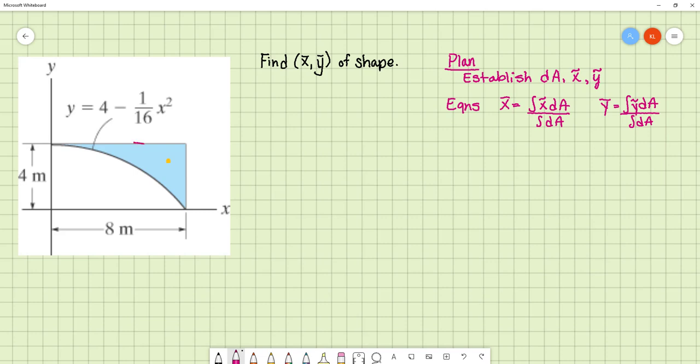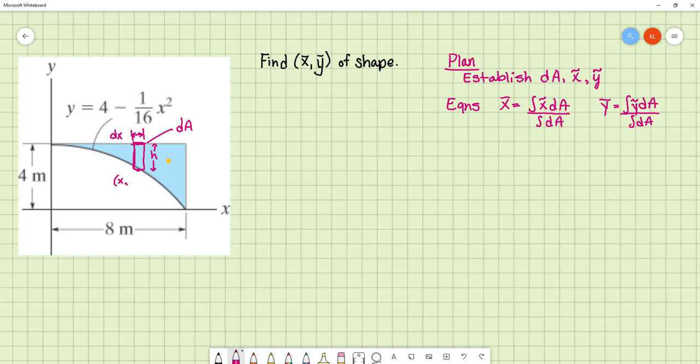I'm going to draw it right on the picture here. And that rectangle there, that is dA. That is my little slice of my area. I need to know the base and the height. A couple of things up here. This is going to be dx, and that is the base of my rectangle. The height of the rectangle is going to be based on the top edge and the curve at the bottom.